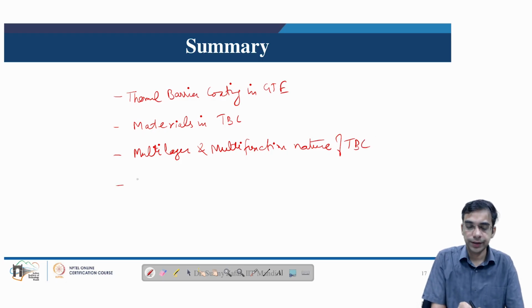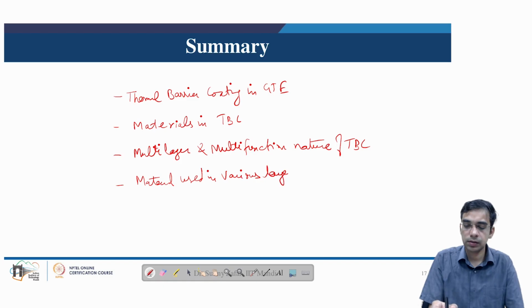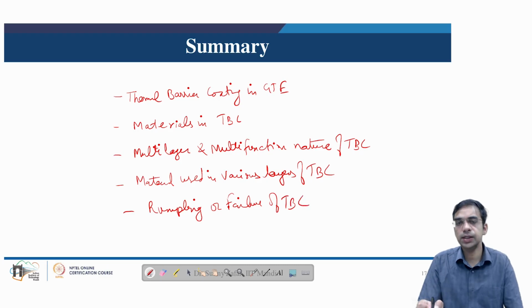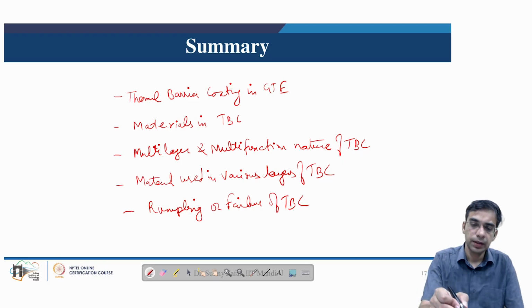We have also looked at the materials used in various layers of thermal barrier coating, and lastly we have looked at the rumpling, or we can say failure, of thermal barrier coating, which takes place once the thermally grown oxide layer reaches a critical thickness. So with this we come to the end of this lesson.